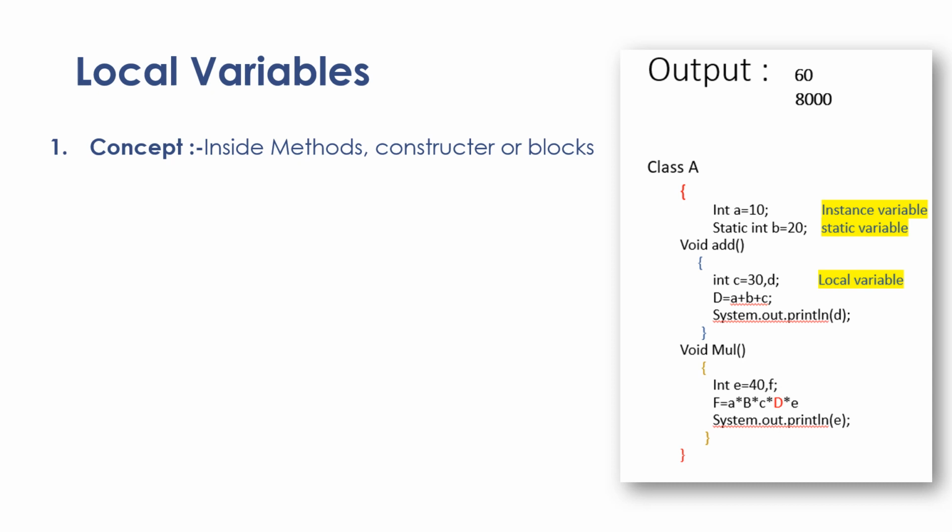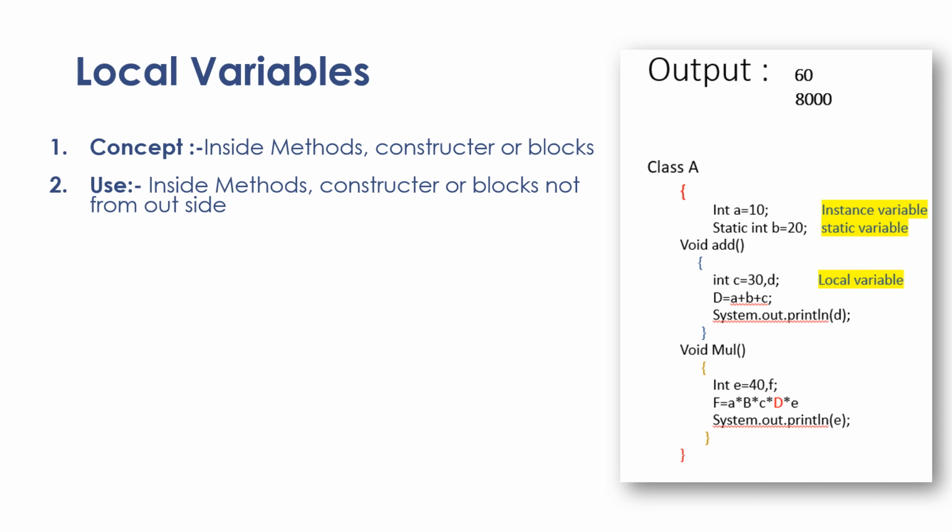Inside the method, constructor or block, as I said, it is used inside methods, constructors or blocks, not from the outside, inside the method only. If you had taken it outside, it is not a local variable. If you take it inside the method only, you will know that this is a local variable.